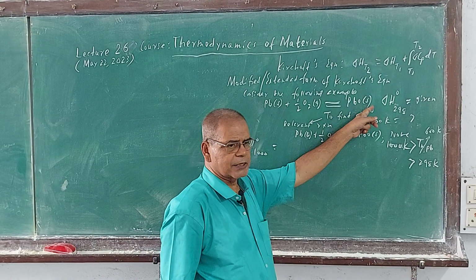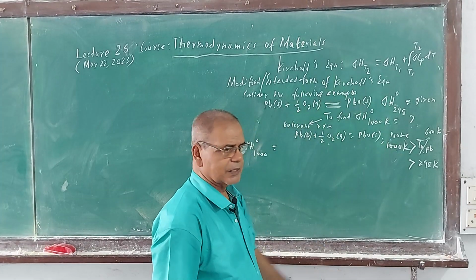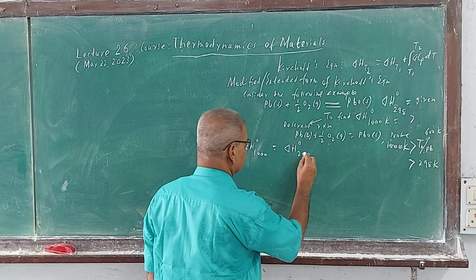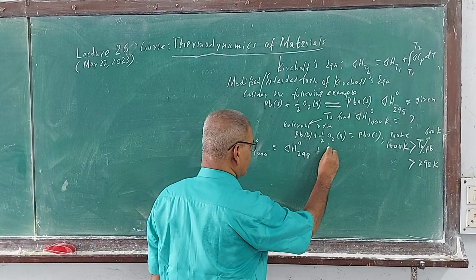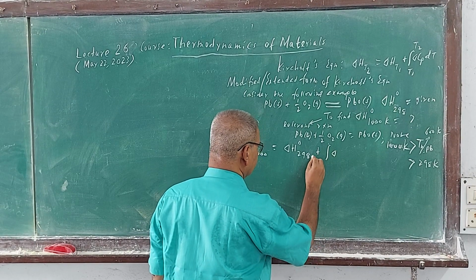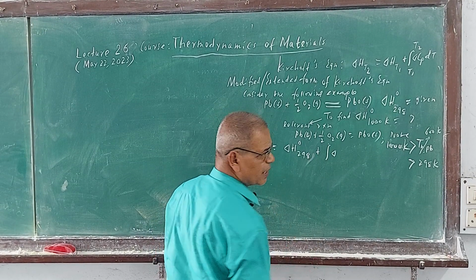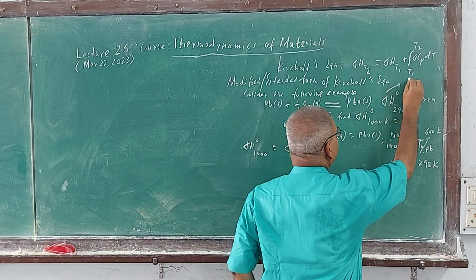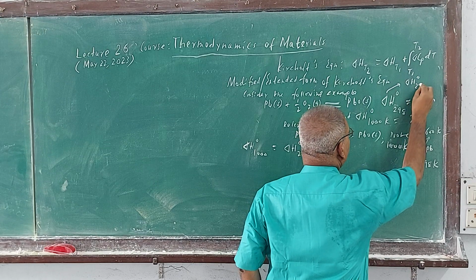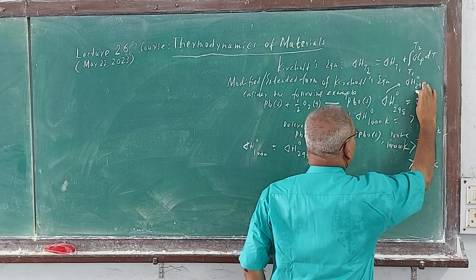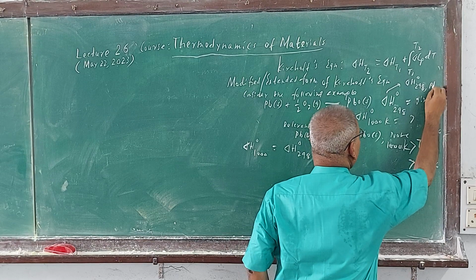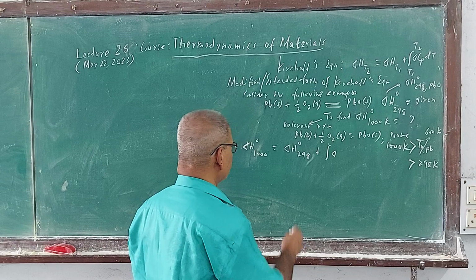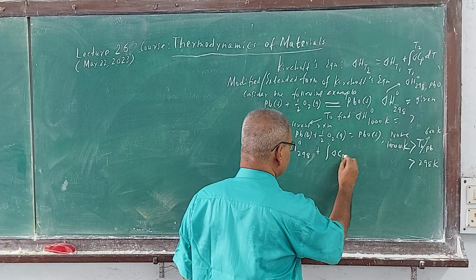This is given, so use this: delta H0 298, plus delta H0 298 of PbO, which means formation. It may not be a formation reaction for any reaction, but here it is a formation reaction. So delta H0 298 plus integral of delta Cp dT.